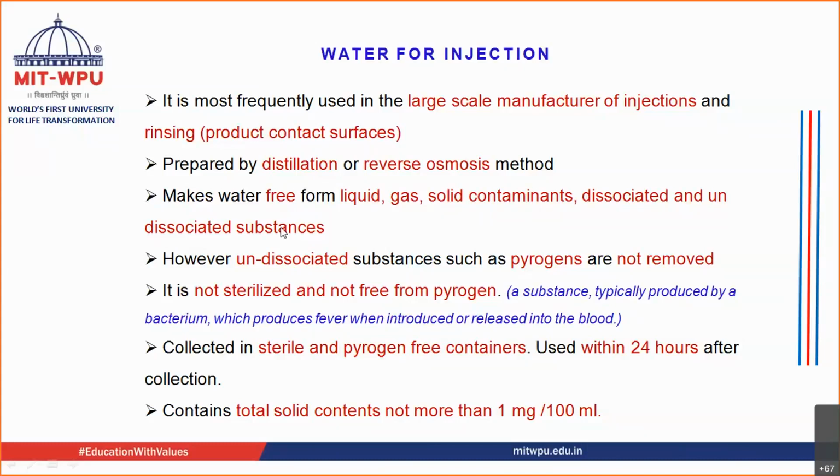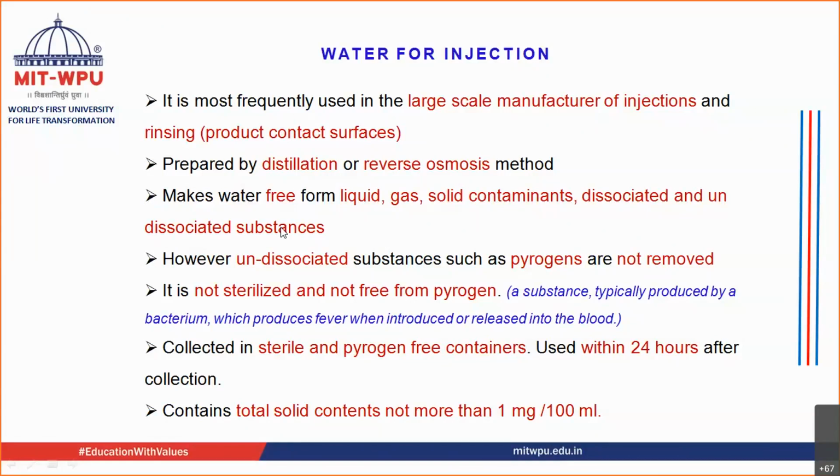Another thing about water for injection is the total solid content. The total solid content of water for injection is not more than 1 milligram per 100 ml. So to summarize, it is used for large scale manufacturing. It is also used for rinsing of the products: once cleaning has taken place with the help of detergents and it has been washed, the final rinsing is also given by water for injection.